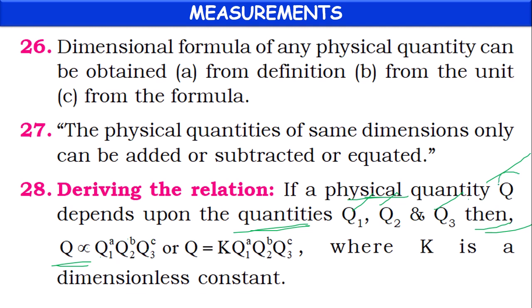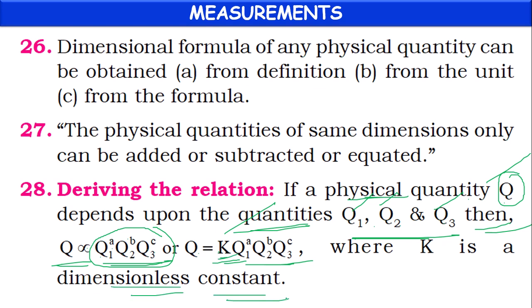Because the physical quantity Q is depending upon these quantities Q1, Q2, Q3, so it will be proportional to this dimensional formula. Or Q equal to, if we equate them along with the dependent quantities, we will get one extra constant, which is K, which is dimensionless constant.